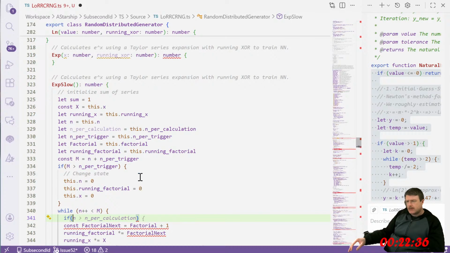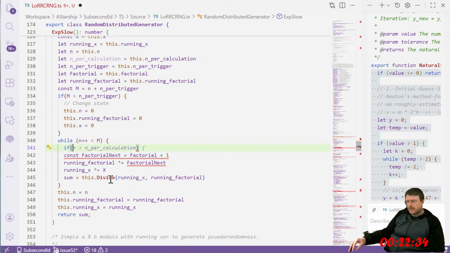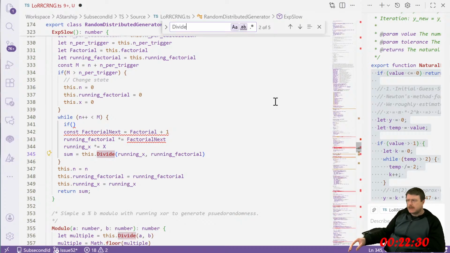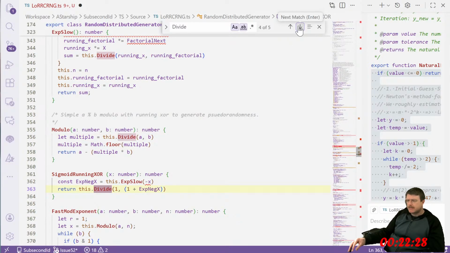Might just have to get rid of this divide function entirely. How many times do I call it? Five times.